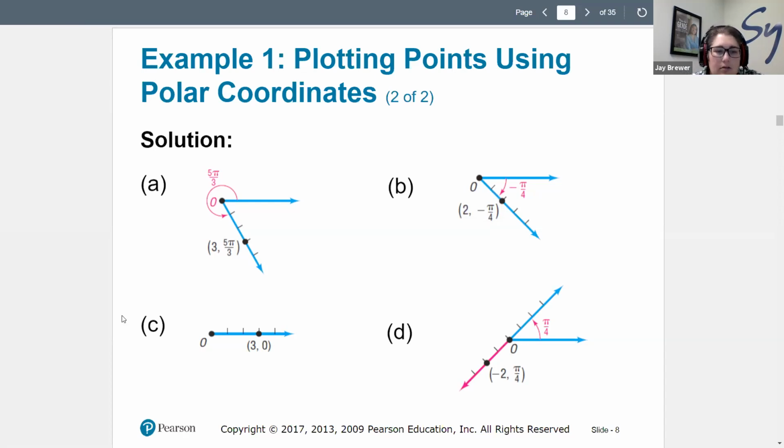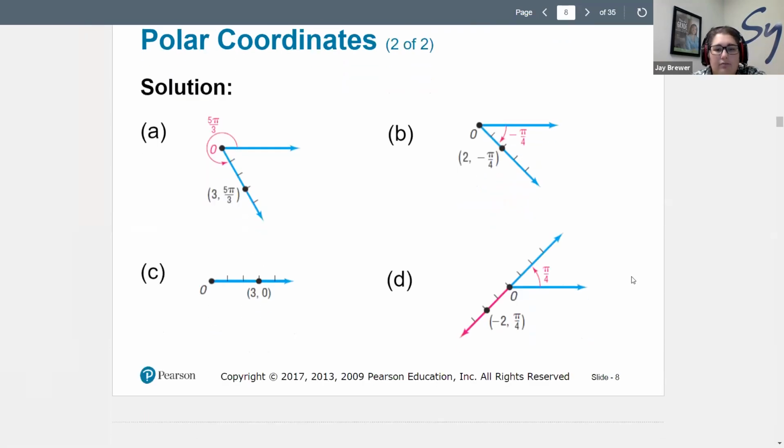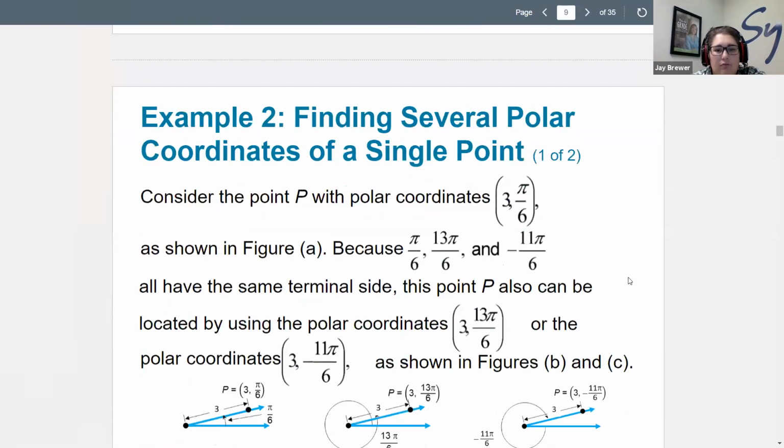What do you guys think? Don't angles repeat over time? Right, they repeat, so you're looking at every 2 pi or however many you want to go. So we have to have a way to kind of account for that.